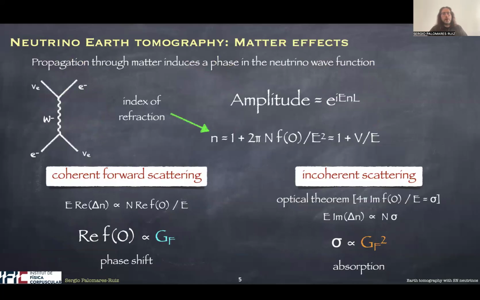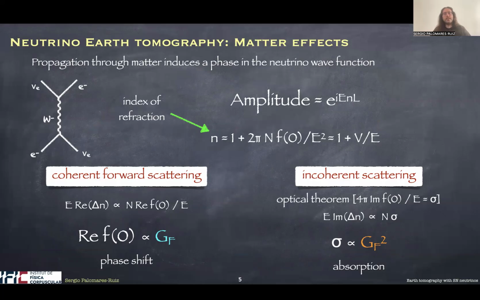So propagation through matter induces a phase in the neutrino wave function, which can be represented by an index of refraction, which is proportional to the forward scattering amplitude of neutrinos in matter, which is just a way of representing an effective potential. And the real part of that index of refraction is proportional to G Fermi.